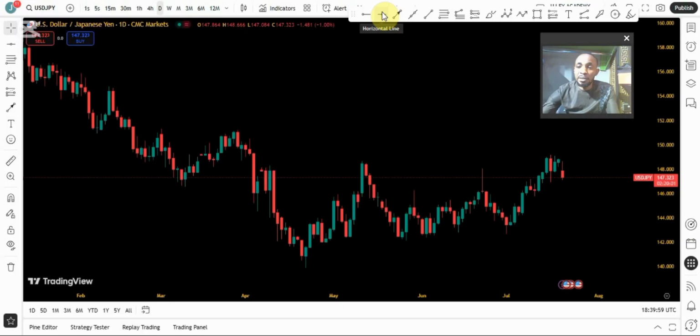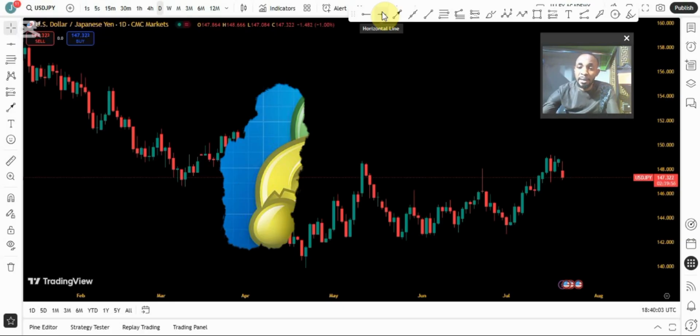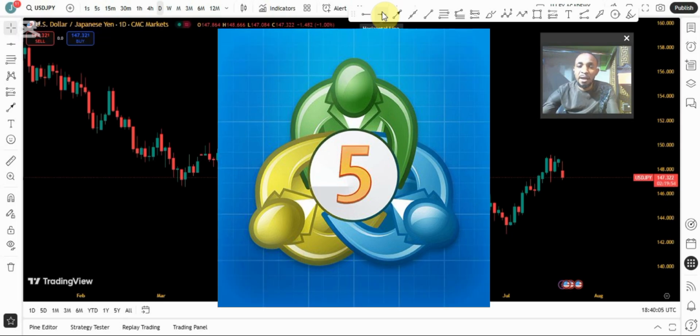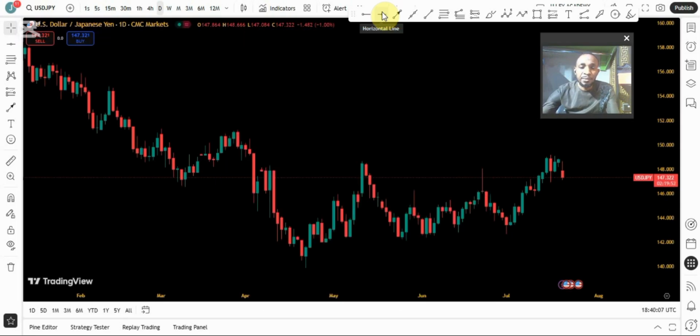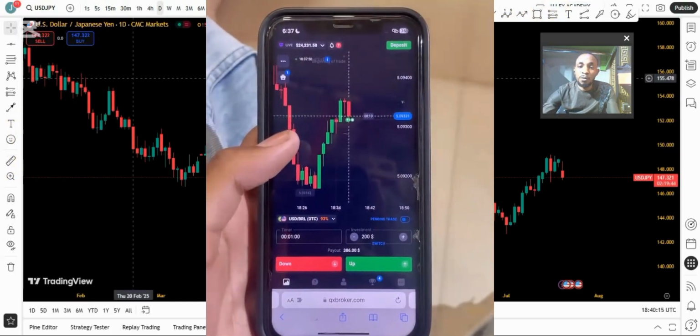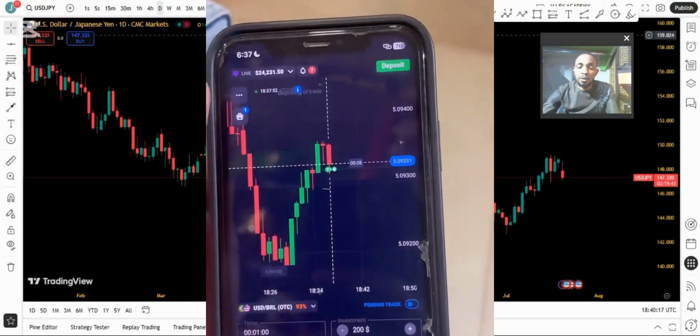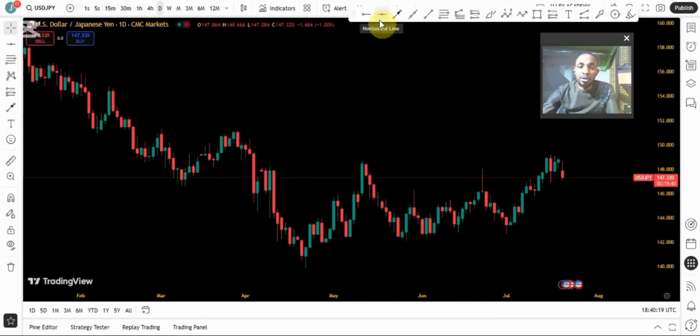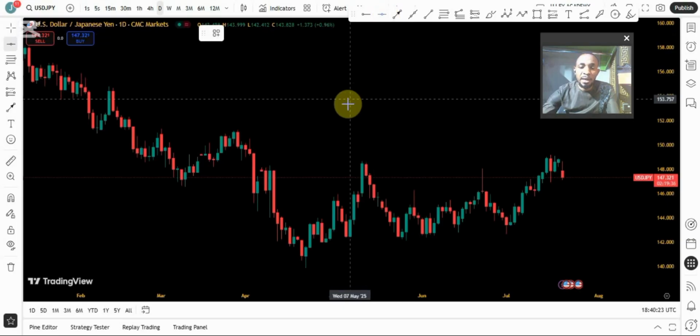If you're not using a browser, you are using your phone, just download MetaTrader 4 or MetaTrader 5, and then you have access to the chart where you can do your analysis. Most of these tools are available on your phone, but not all. If you're using your computer, just go over to the horizontal line, pick out your horizontal line.